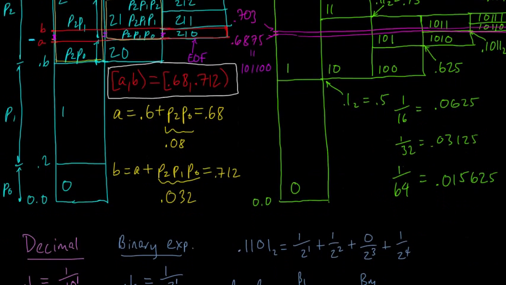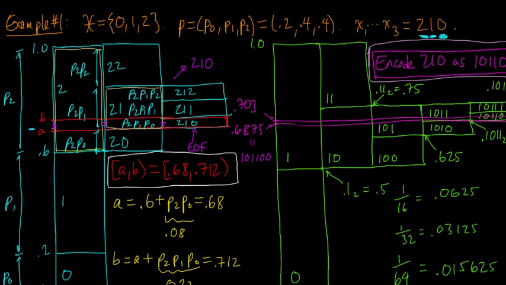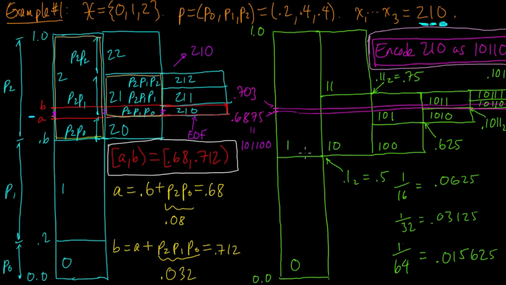And of course, the number version is decodable by exactly the argument I went through at the beginning of the video. It's decodable in the sense that if you only had the sequence 1011, then there would be some unique source sequence, 210 in particular, that would decode to that.